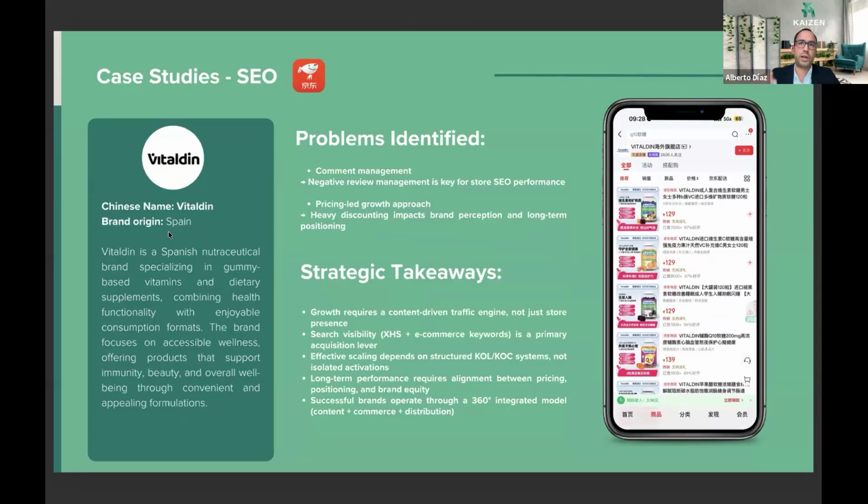The consumer was asking, why do we have different listings with different links, with different prices on different days? So when the prices got all aligned and the negative comments got sorted out, this increased a lot the score of the store that we discussed at the beginning in terms of platform SEO, and that improves a lot the chance of consumers finding the store among the first results, and that of course directly impacts sales.